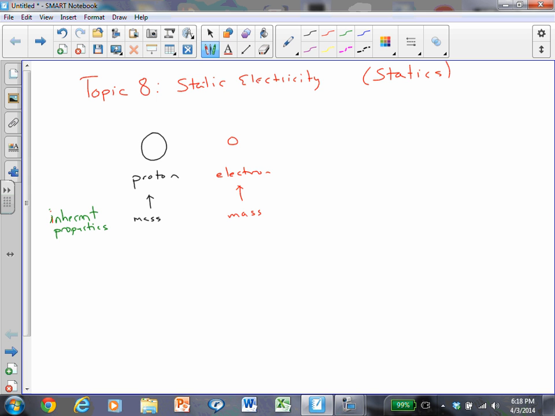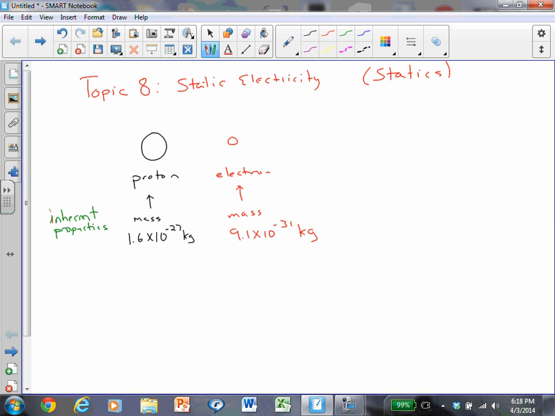Well, you could look those up in your reference table, and the mass of a proton is 1.6 times 10 to the minus 27 kilograms. Pretty small, right? But the electron's mass is 9.1 times 10 to the minus 31 kilograms. Much less. 4 orders of magnitude less.